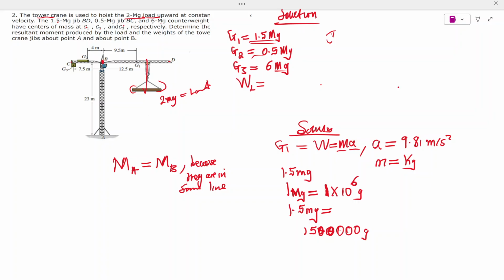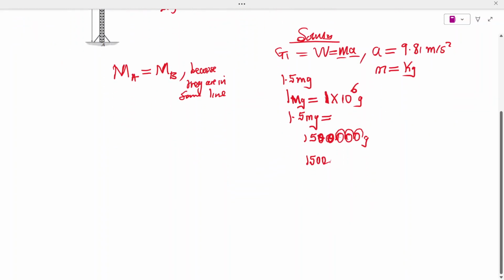But for this case we're going to convert it to kilogram. How? We divide by 1000, so it's going to be 1500 kilogram. That is our mass for G1.